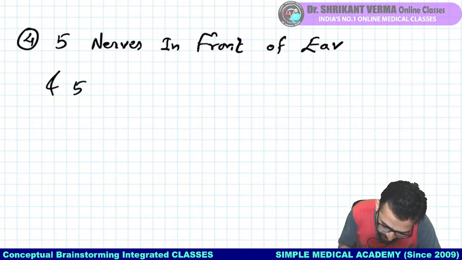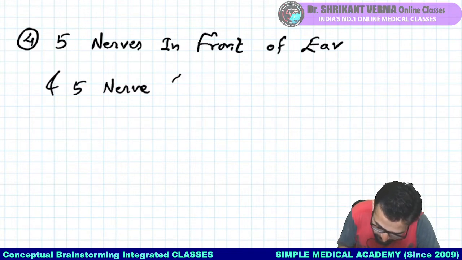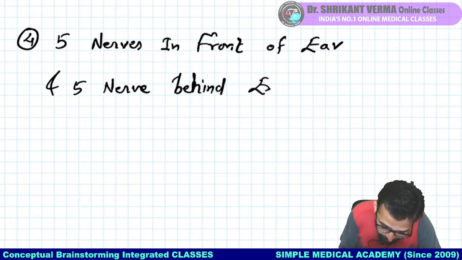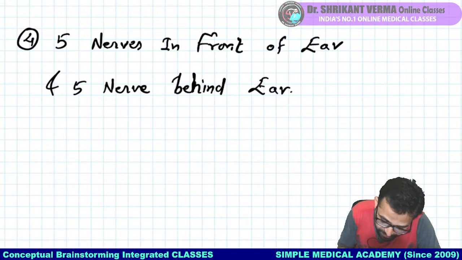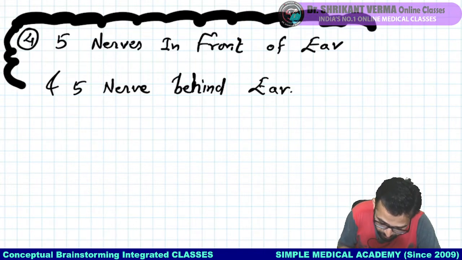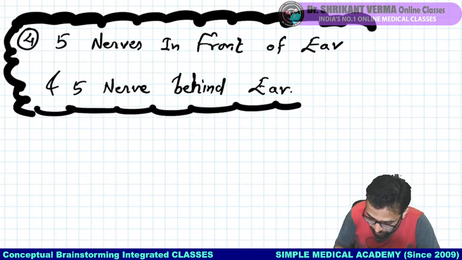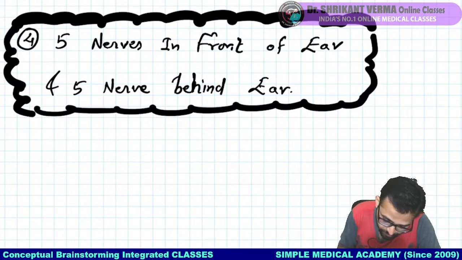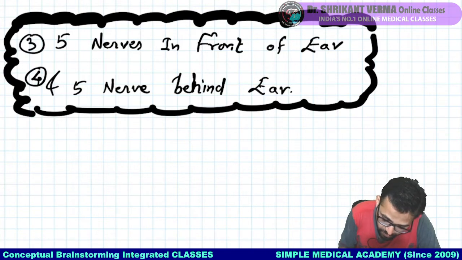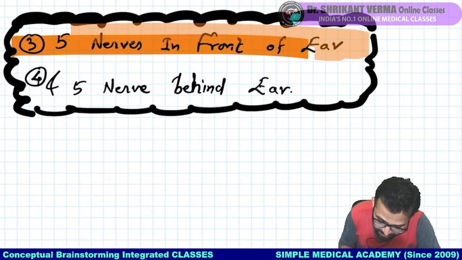In the same image we are drawing the 5 nerves behind the ear. Yes, this is our third and fourth. So both diagrams we are merging into the same one.